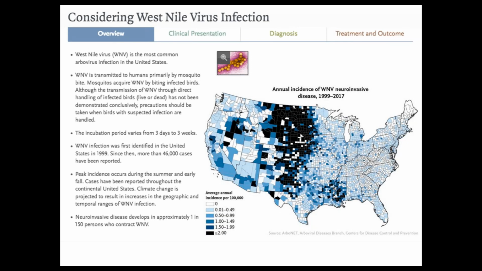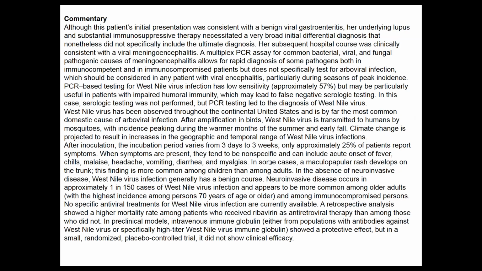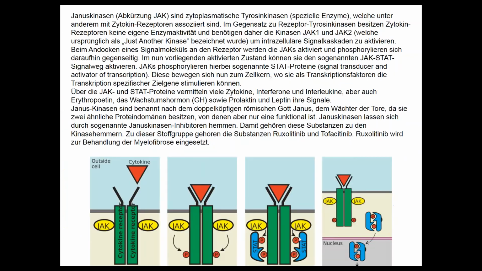I didn't really appreciate this, but West Nile virus has ended up being a major problem in the American Midwest, and it's pretty common, and it's spread by mosquitoes. This patient is an example of West Nile encephalopathy. Now, there's no treatment available other than supportive care for West Nile virus. Immunoglobulins are sometimes given, but there's no evidence that these have particular clinical efficacy, but she got all better and went home.